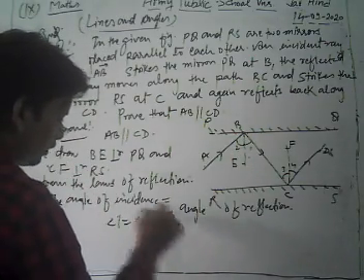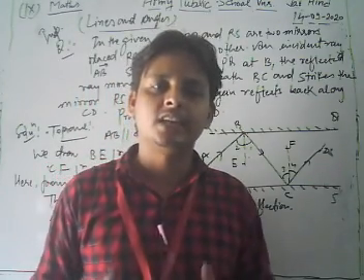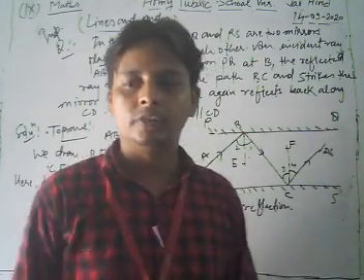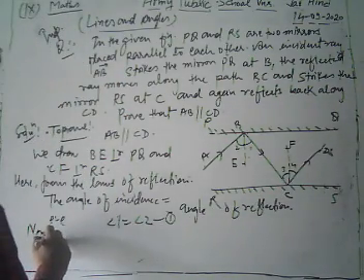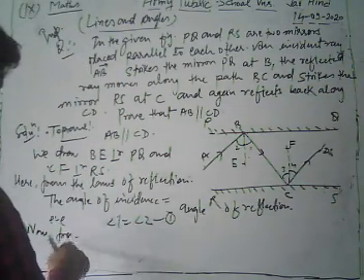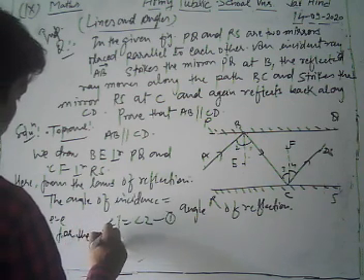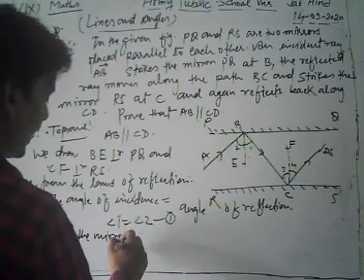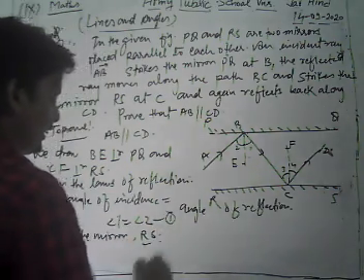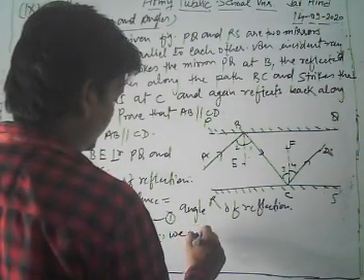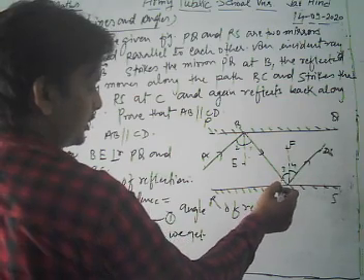Take equation number 1. Because of the laws of reflection, the angle of incidence is always equal to the angle of reflection. Now we apply the same concept for the mirror RS. Here this is the incident ray with respect to that mirror.